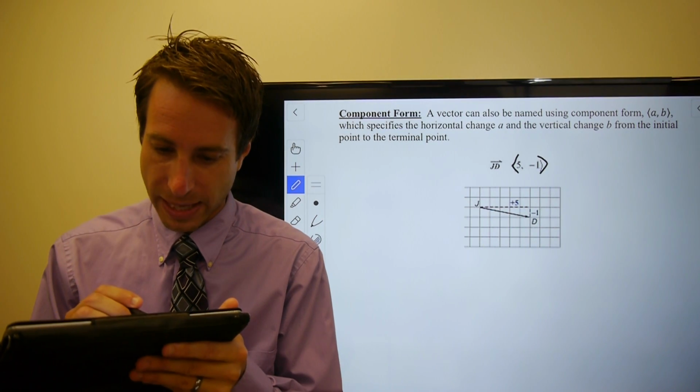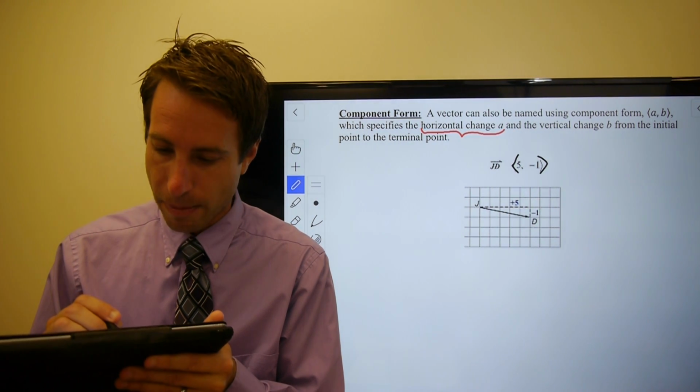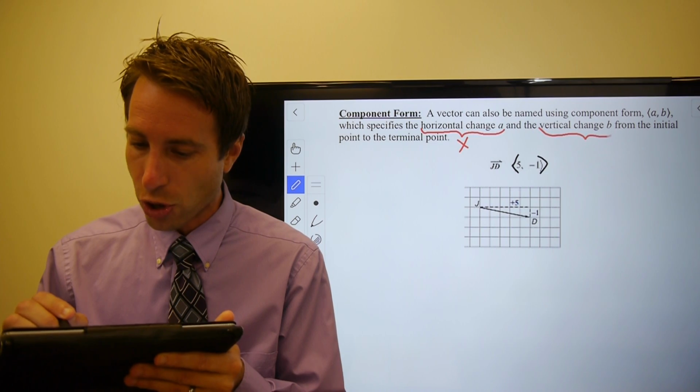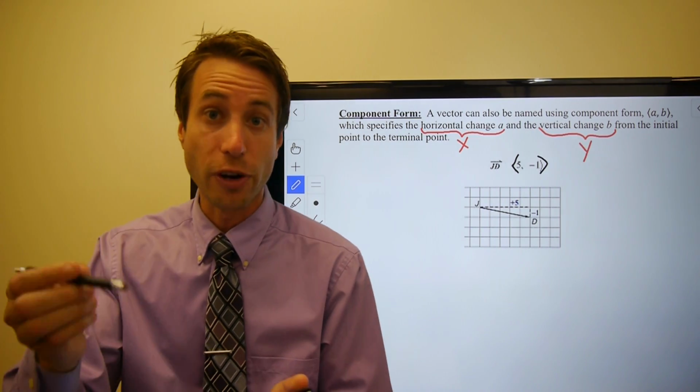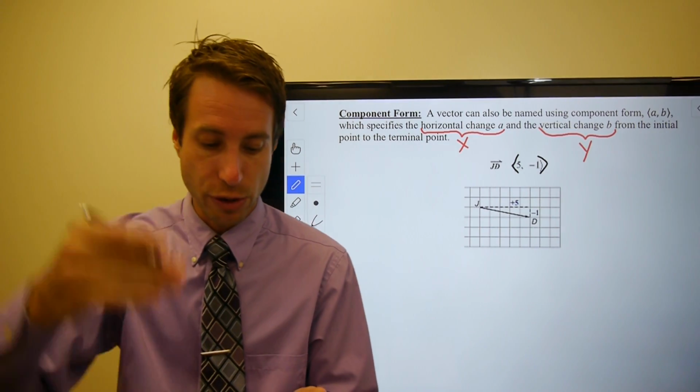Let me go ahead and put that here. The horizontal change will always be A. Remember, horizontal is in the x direction. The vertical change is always going to be the B, vertical being up and down, a change in the y.